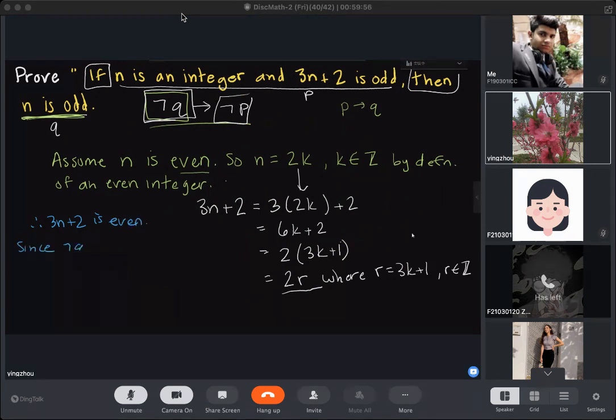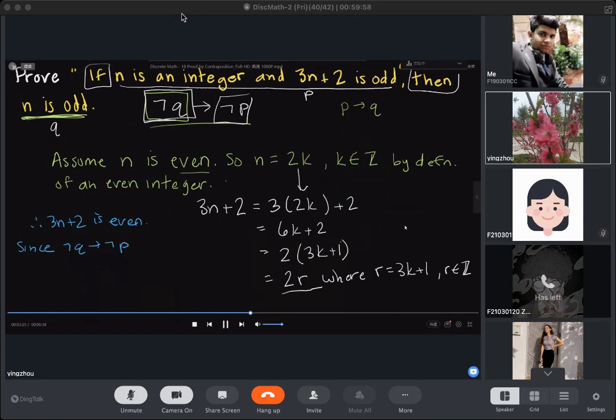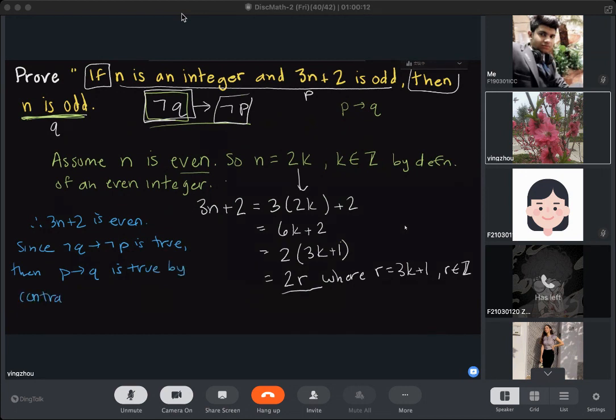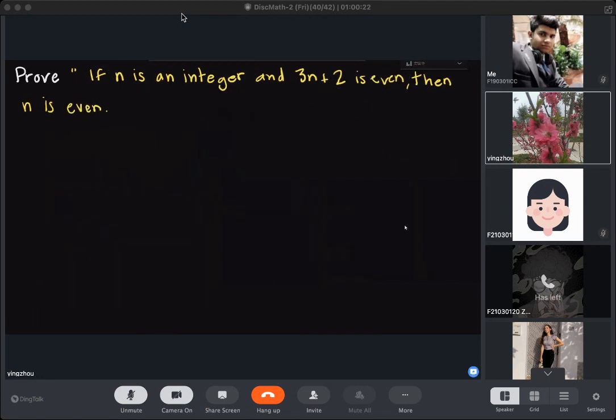Since not Q implies not P is true, then if P then Q is true by contraposition. Again, QED, or your box, or your triangle, or however you're ending your proofs.